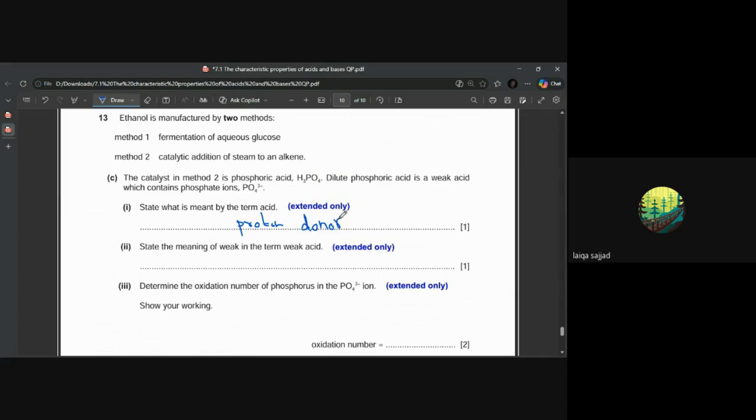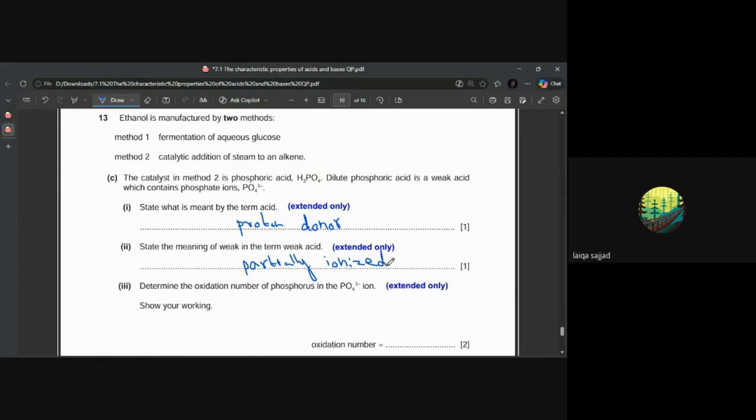Both are correct. You have to state the meaning of weak in the term weak acid. It only partially ionizes in water. Very good. Any acid that partially ionizes or partially dissociates.